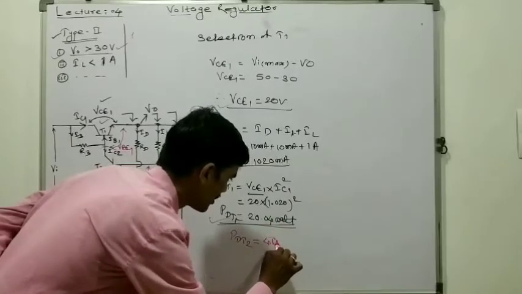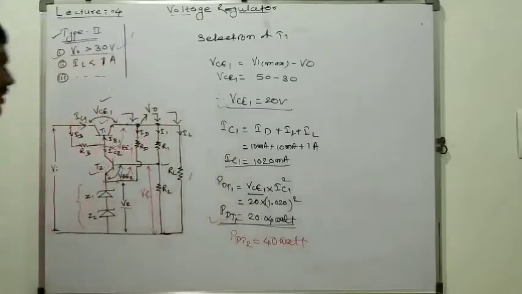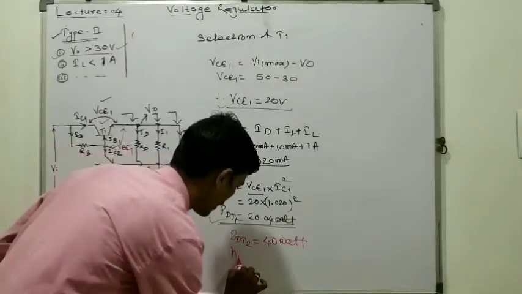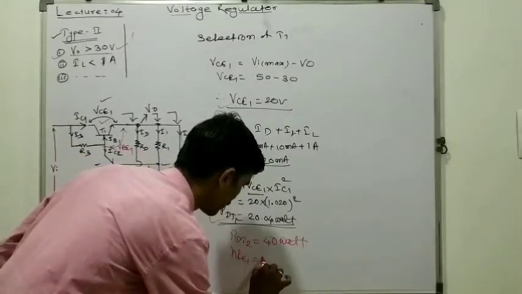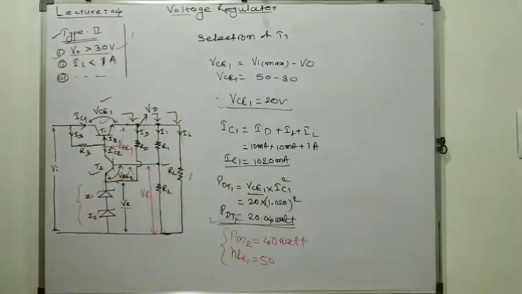We are considering 40 watt. So we have to select a power transistor with a power rating of 40 watt, and HFE1 we are considering equal to 50. This is nothing but the selection of power transistor T1.